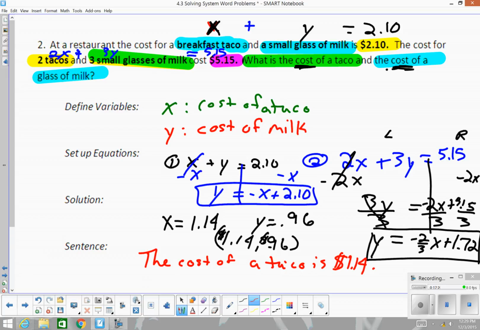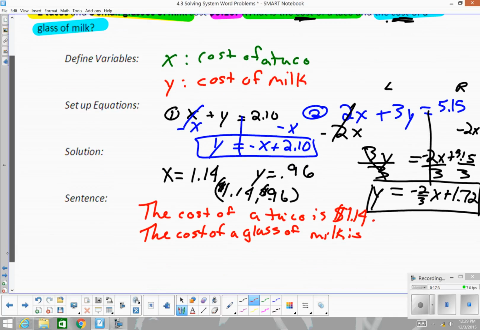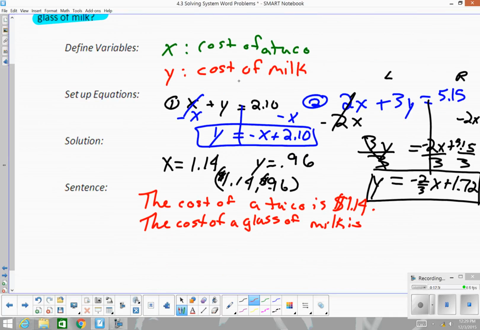The cost of a glass of milk is, what's the cost of a glass of milk? Y equals 96 cents. Okay, so that is going to be our sentence and our solution.